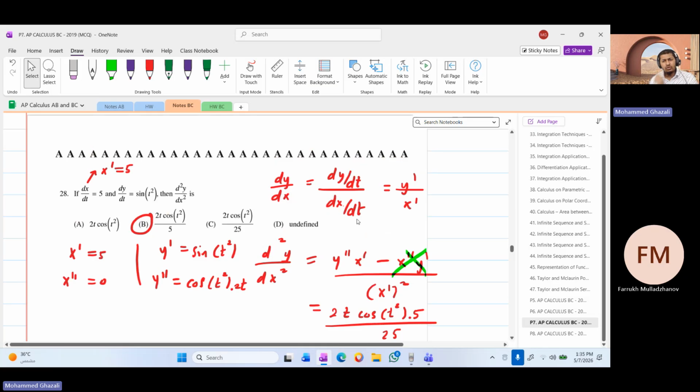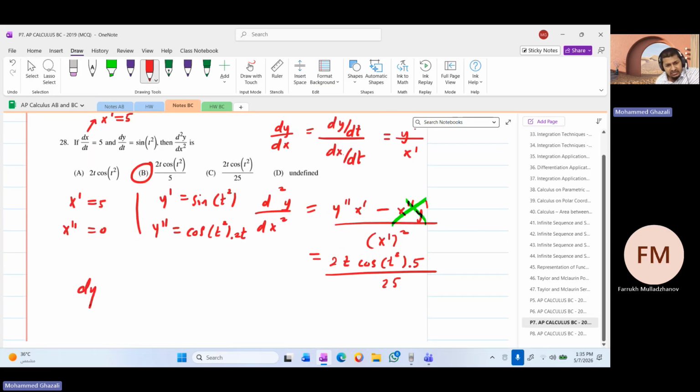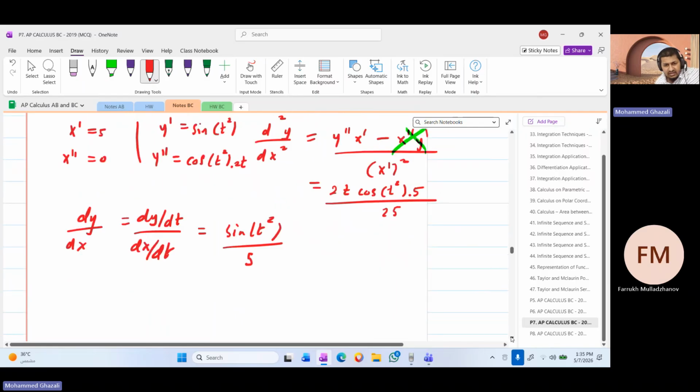I was just thinking, previously we wrote down dy dx. What's dy dx? Dy dx was dy dt over dx dt. What is dy dt? Dy dt was sine t squared, and dx dt was 5. If we just find the derivative of this, then it's like finding the double derivative.